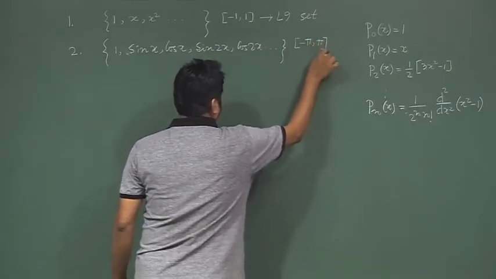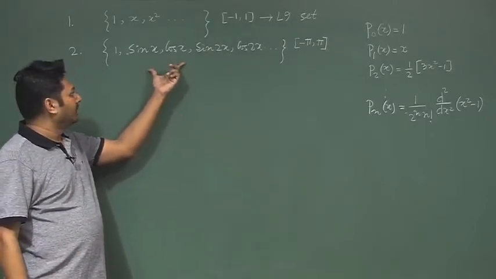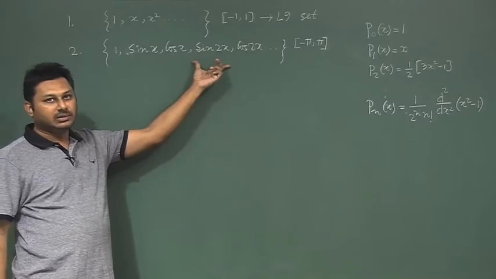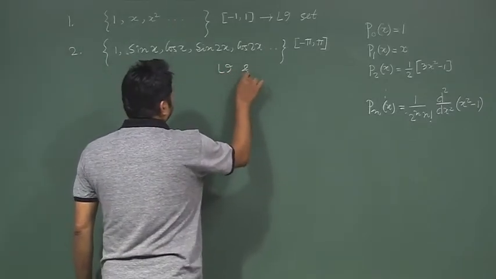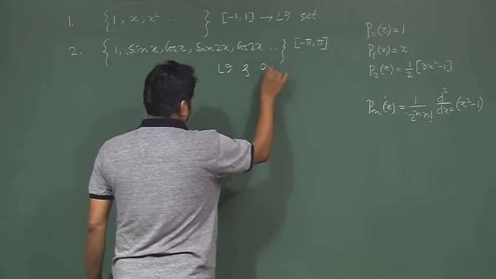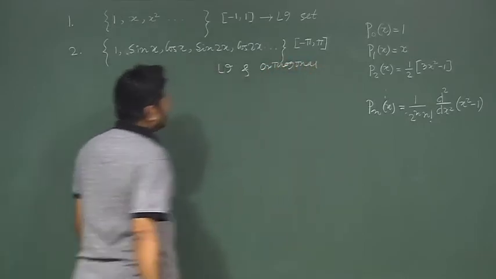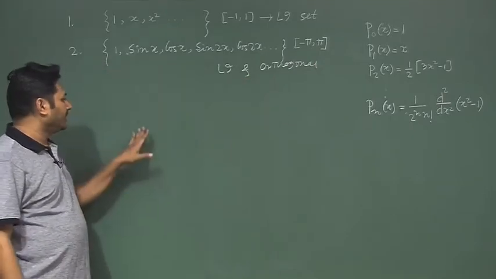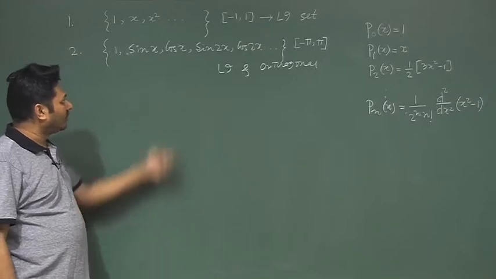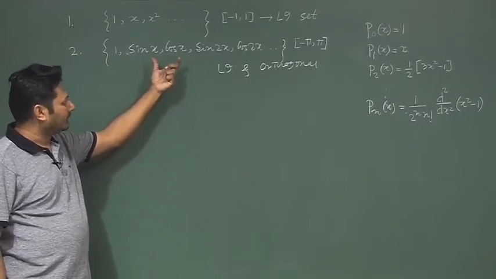This set of functions is also linearly independent, and also orthogonal. That means if you take the integration over this limit, you will find that they vanish. So, they can potentially form a basis.